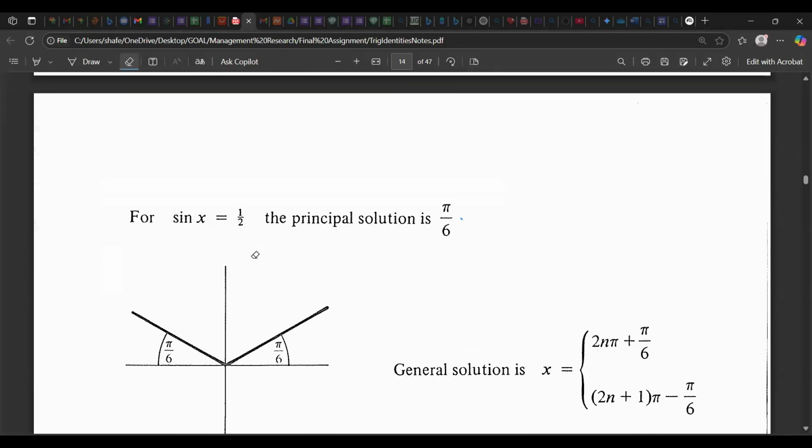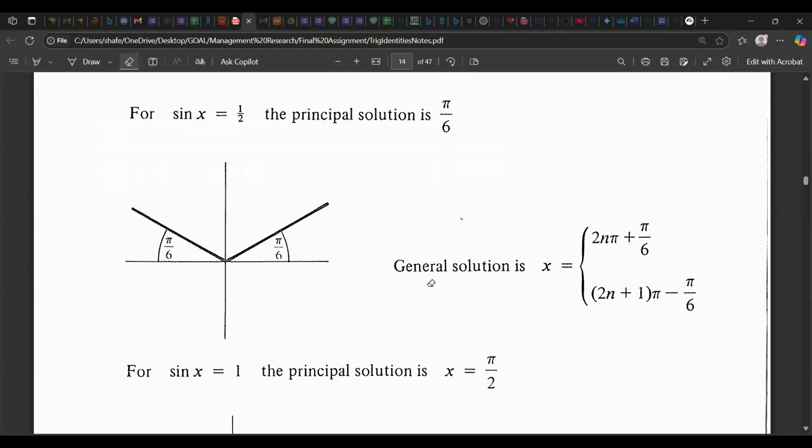So when sine x equals half, the principal solution will be pi upon 6, and the secondary solution is going to be pi minus pi upon 6. And that's what you got here, pi minus pi upon 6.